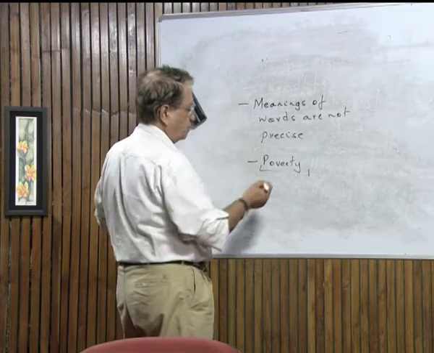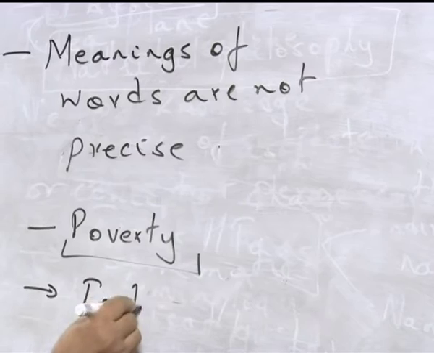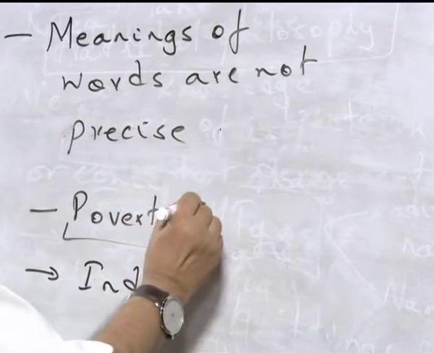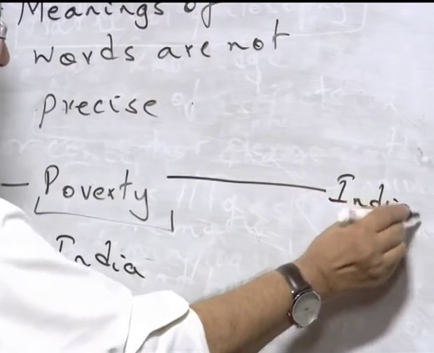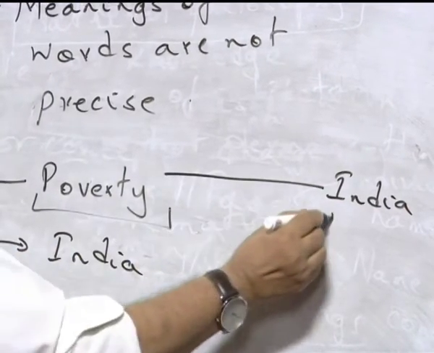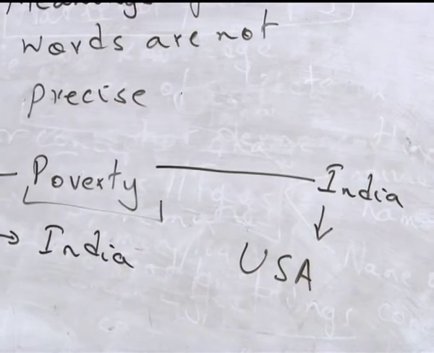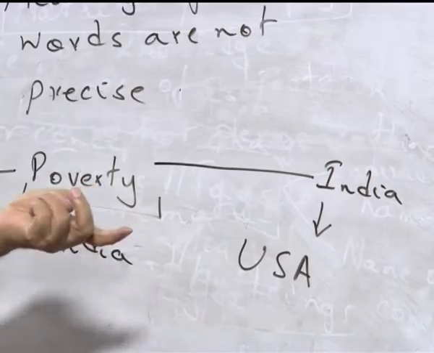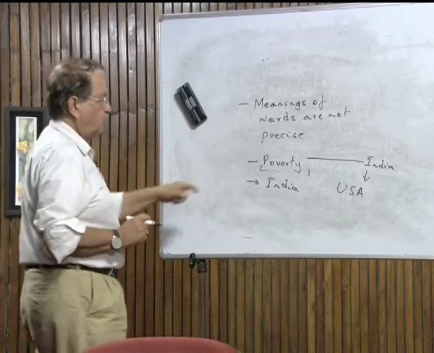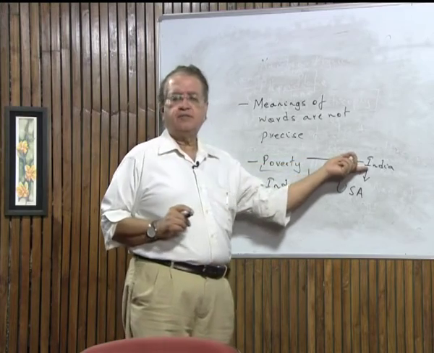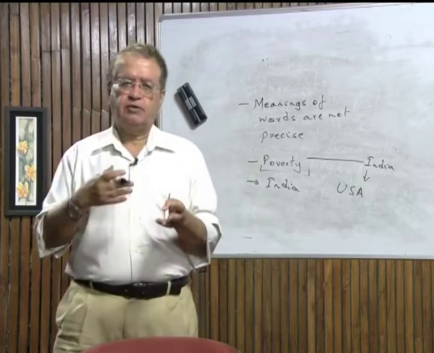If you do that and you apply it in India, then the level of poverty that you get in India, and compare that with, let us say, USA, then those people who are quantified as poor in the United States of America would not be quantified as poor in India, because the economic parameters there are different from the economic parameters here.